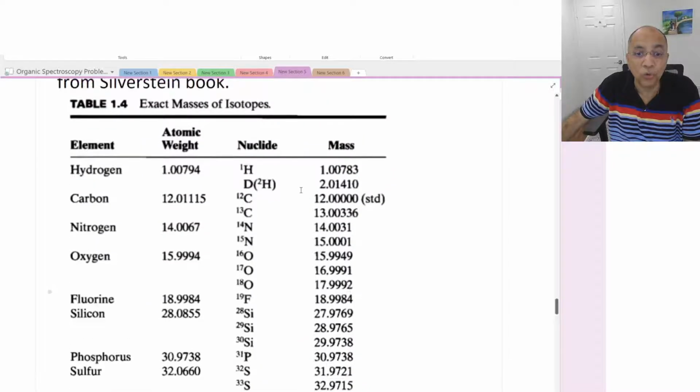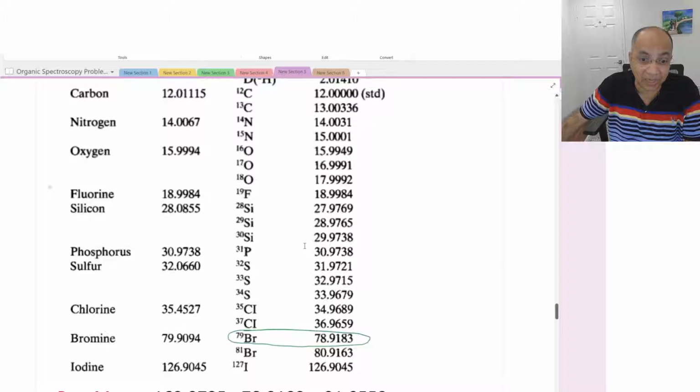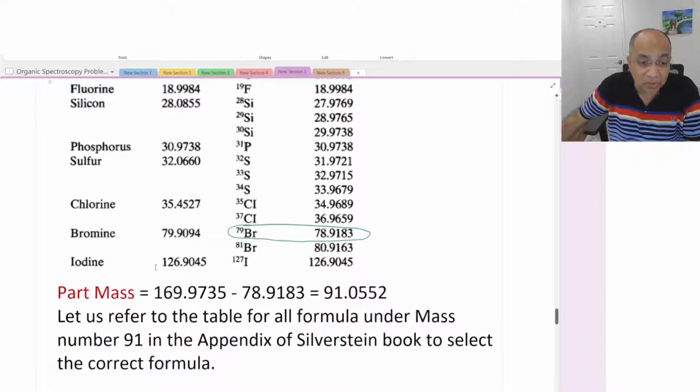You have to also borrow this data from some good source like Silverstein. I have borrowed. Now from the exact mass data, I subtracted the isotopic mass of the 79 isotope, and I got the remainder 91.0552.